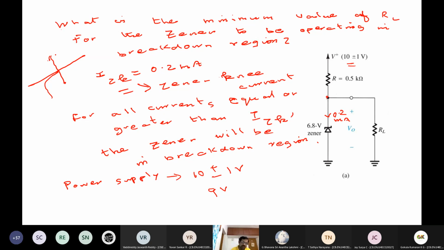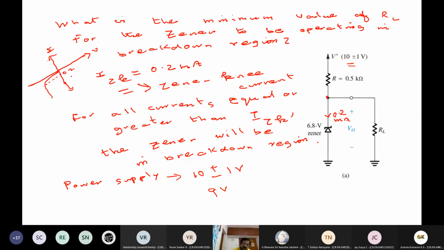This is my I, this is my V. This is my reverse breakdown region. Now this is my knee current, and that is going to be 0.2. So that much current must be coming at minimum. Above that minimum, the zener will be in breakdown region.